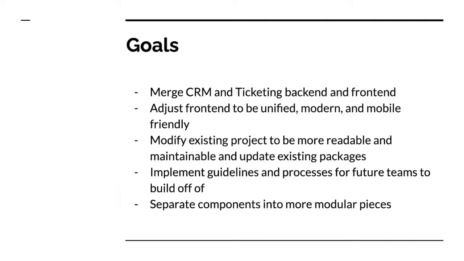And then we also wanted to modify the existing project to be more readable and maintainable, in addition to updating the existing packages. And then we also wanted to implement guidelines and processes for future teams to build off of. And beyond that, our last goal was to separate components into more modular pieces.